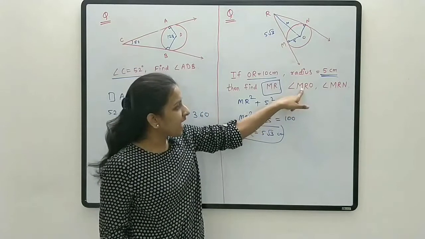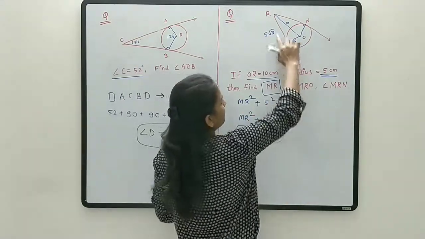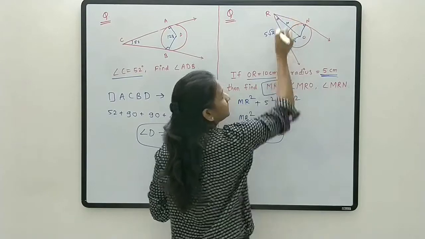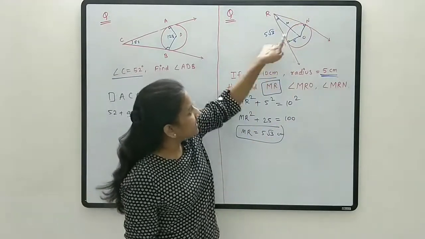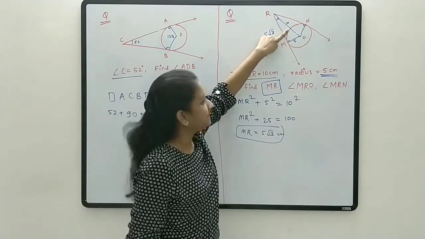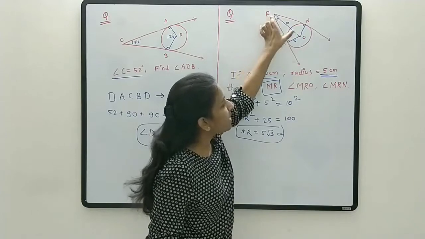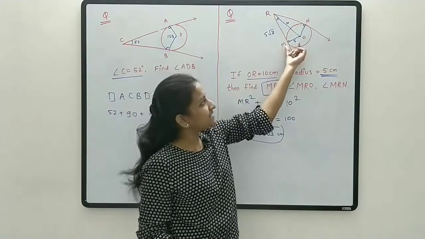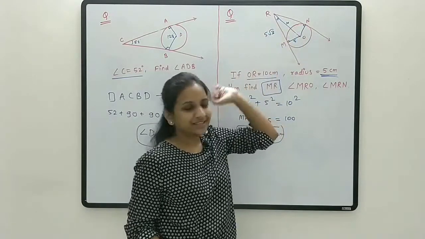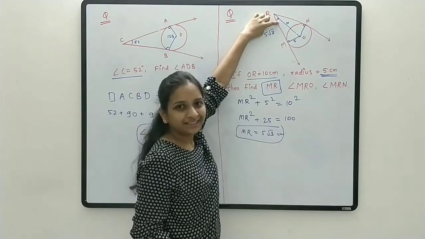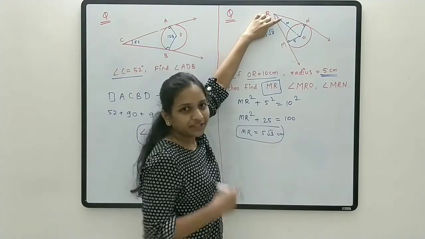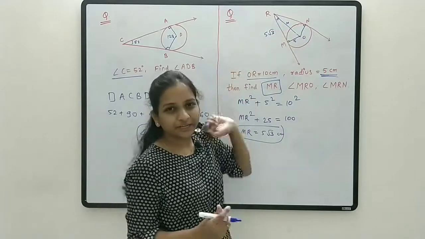Now we have to find angle MRO, this angle. See, in this right angle triangle, this side is 5 and the hypotenuse is 10. This side is half of the hypotenuse. So what is this angle? The side opposite to 30 degrees is half of the hypotenuse.